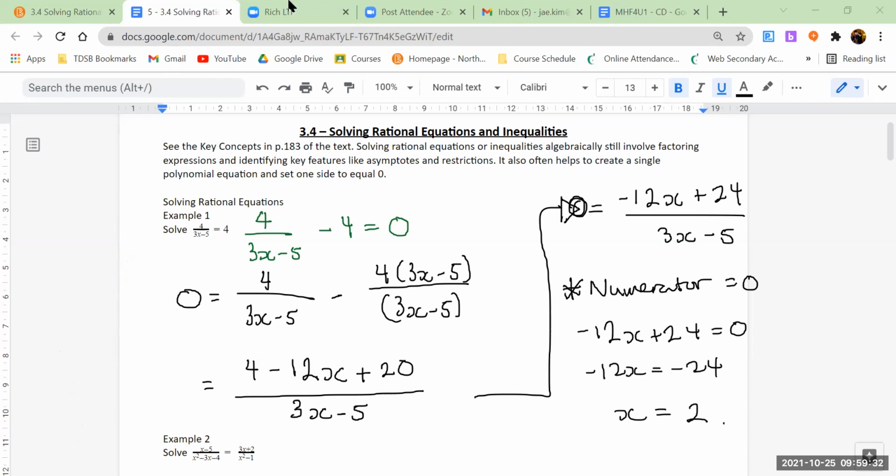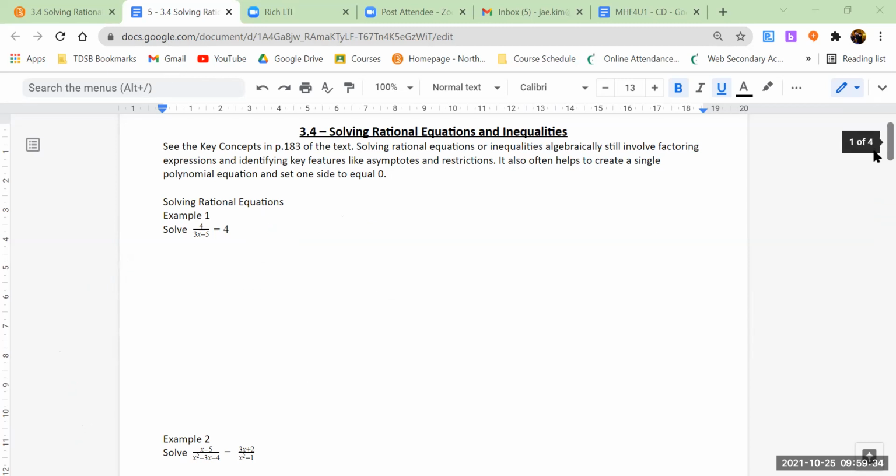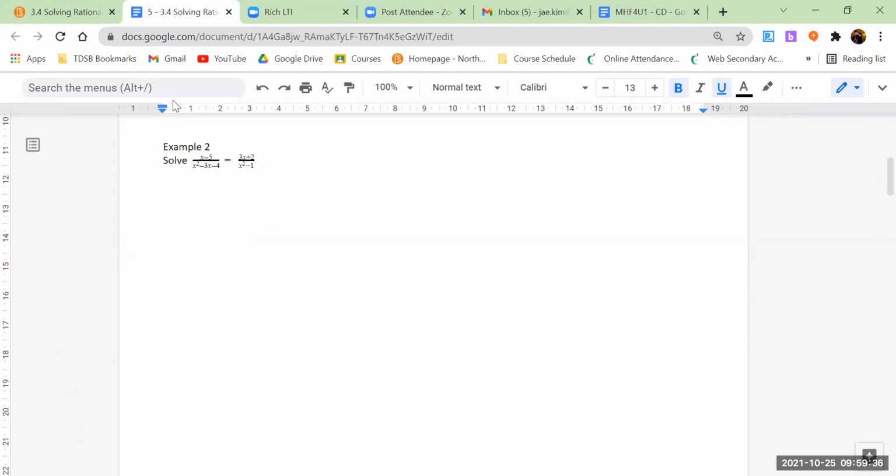So here we go. Example 2. A little bit more annoying, but that's okay. And remember, I am going to move everything to one side as before. And then I'm going to see if you can use your grade 11 skills to figure out how to approach this question.